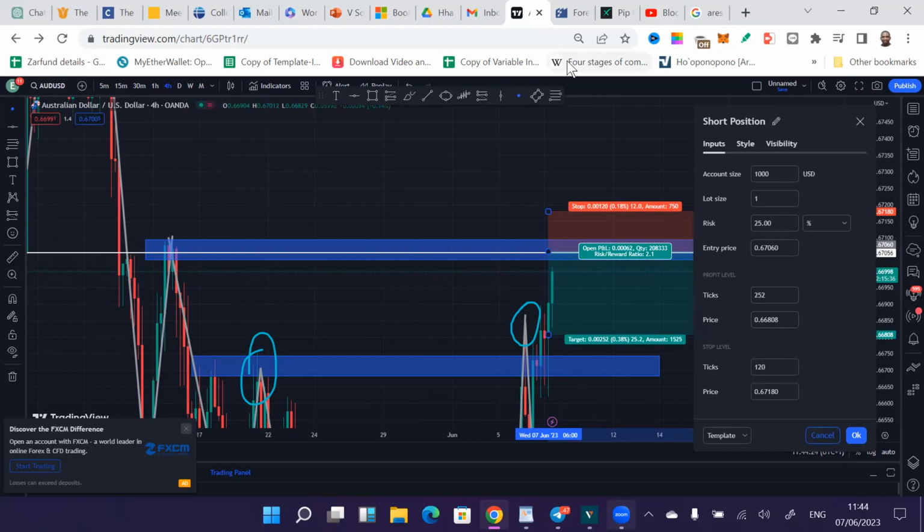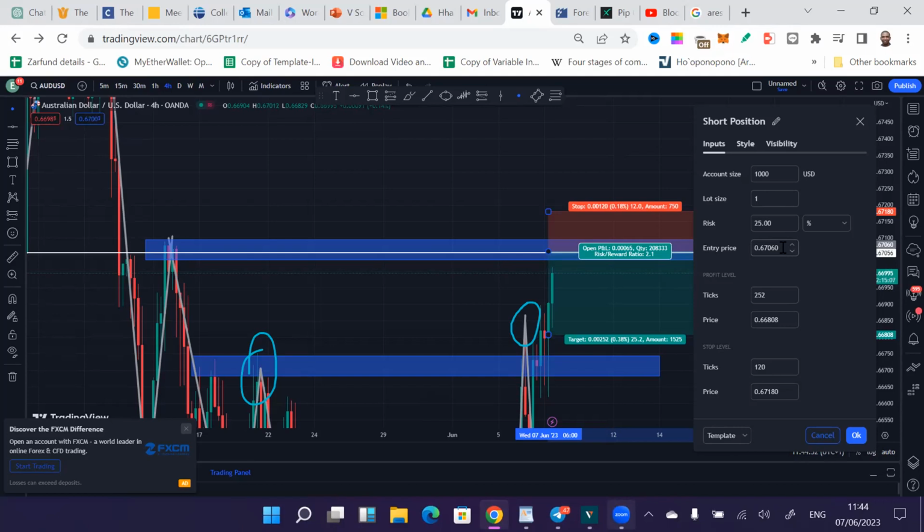The entry price is 0.67060. That's our entry price. So let's enter the trade now with 0.01. We'll set a sell limit on this trade, because price has not reached there.